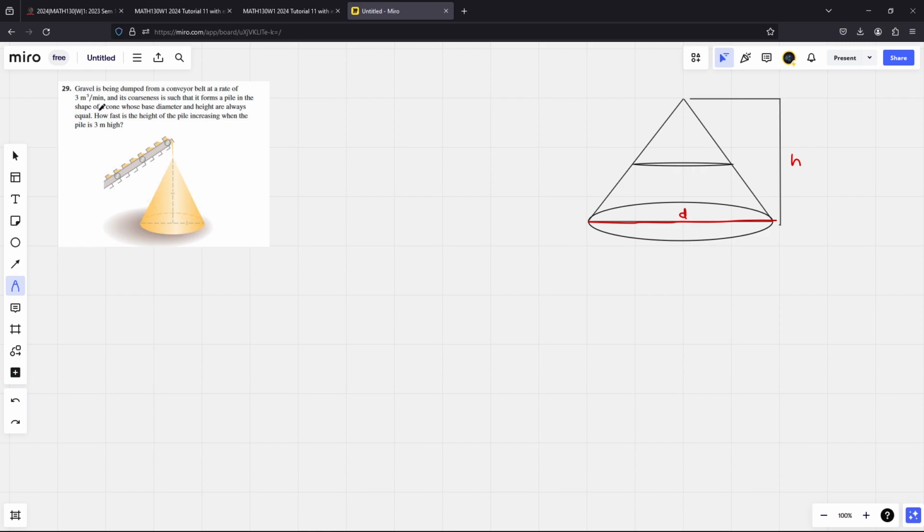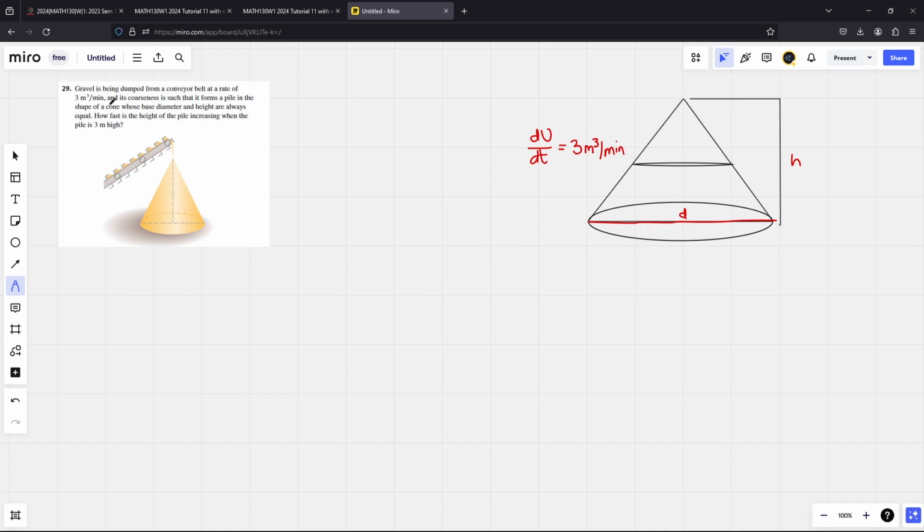So this volume is changing at a rate of 3 meters cubed a minute. So we know that the volume with respect to time, dV/dt, is 3 meters cubed every minute.